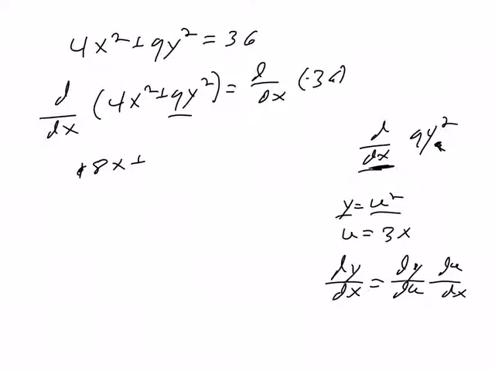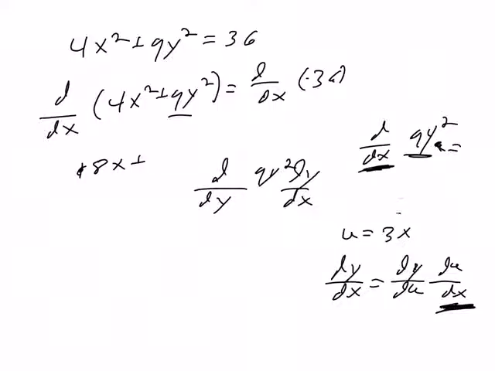So similarly for us, what we're going to do is take d over dy of 9y squared, and then times dy over dx, which is basically this part, ignoring the notation.